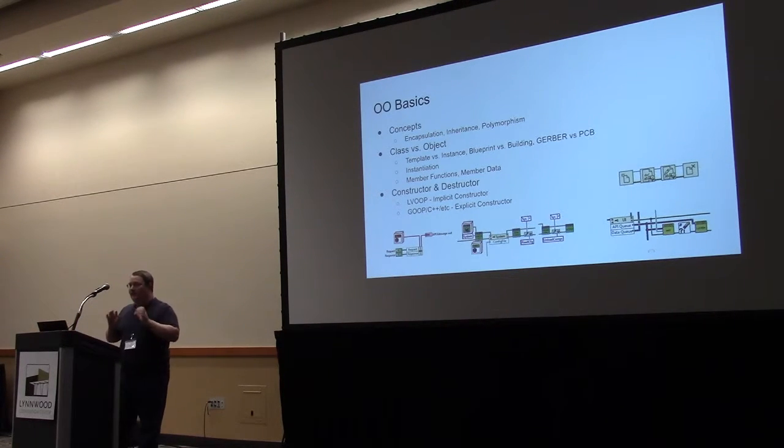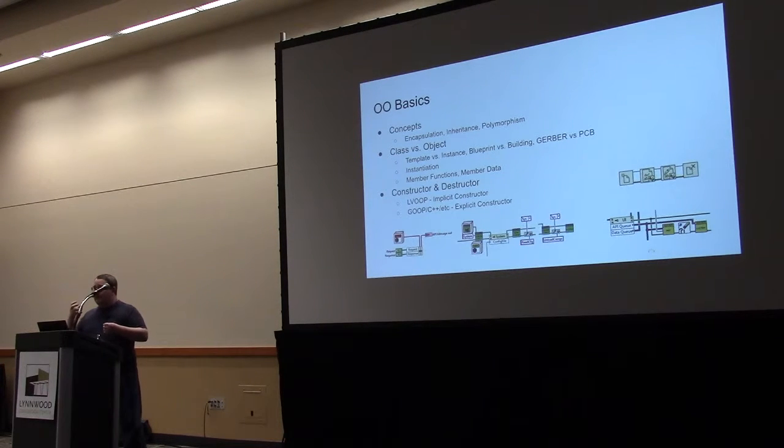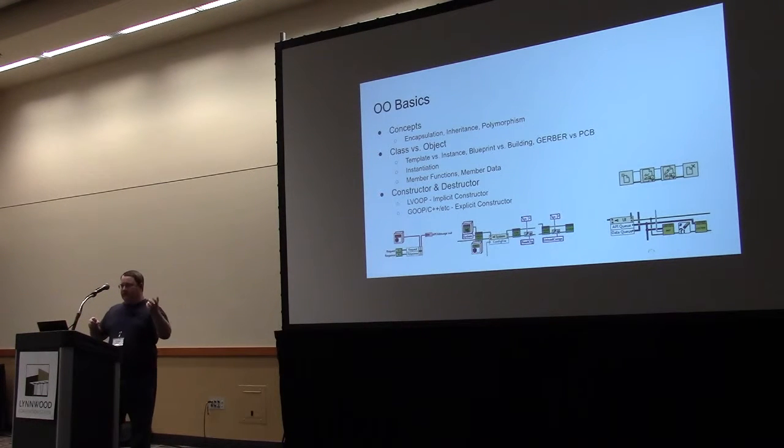The first thing I'd like to cover here is the difference between a class and an object, two very specific terms. A class is kind of like a template or a blueprint, or for the LB's a set of Gerber files. It isn't a thing, but it describes how you will make a thing. An object, we say, is an instance of that class.